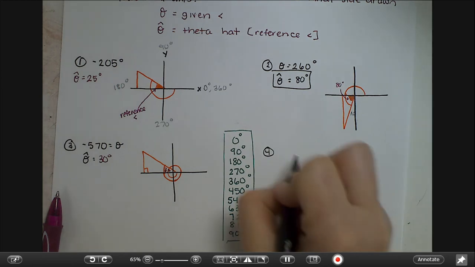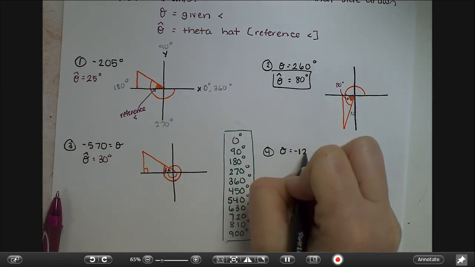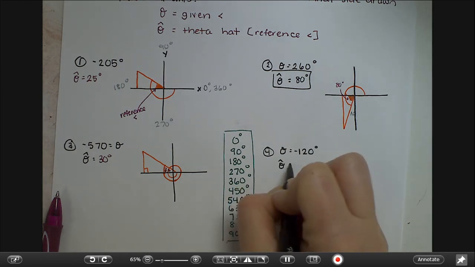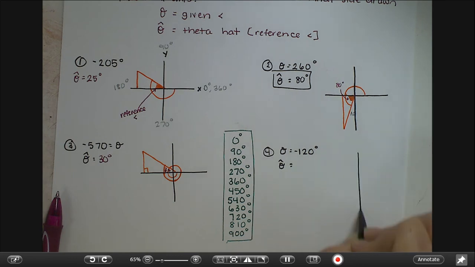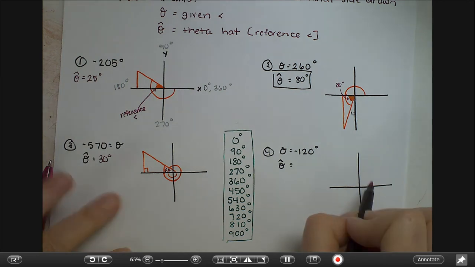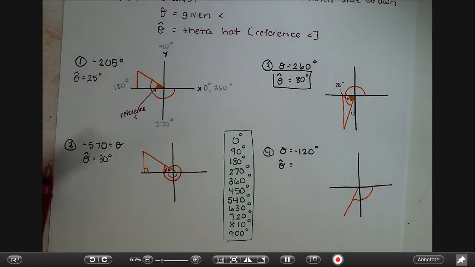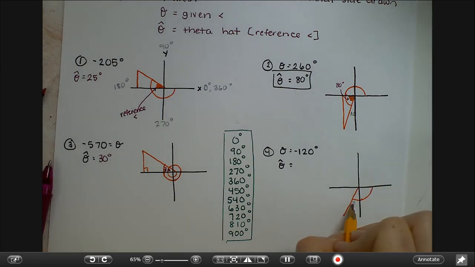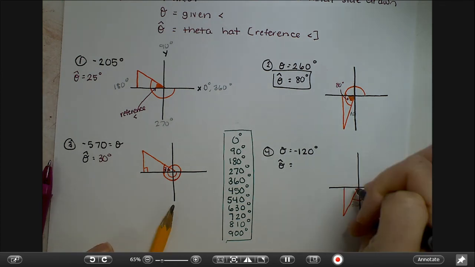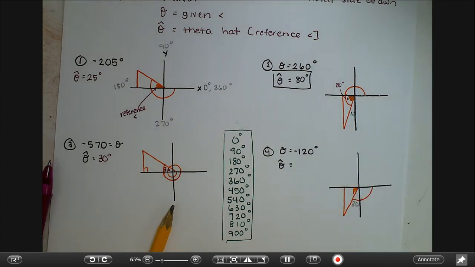Number 4, theta equals negative 120, theta hat equals something. So negative 120, we're going to go backwards, 90, and we're not going to make it to that. 90 and 30 more is 120, but we want this angle with the x-axis.